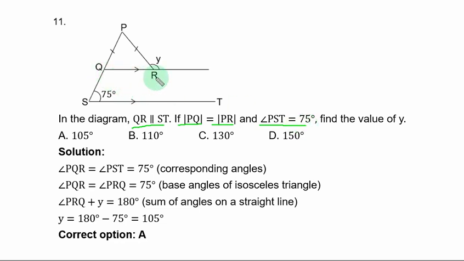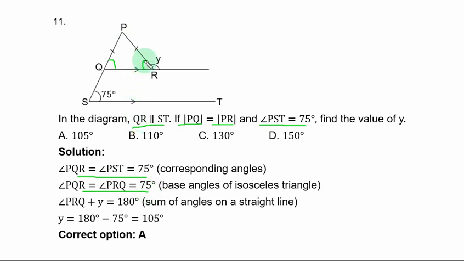Because QR is parallel to ST, this angle PQR is 75 degrees, corresponding angles. Secondly, because PQ is equal to PR, triangle PQR is an isosceles triangle. For that reason, the base angles are equal. That is what you have here.